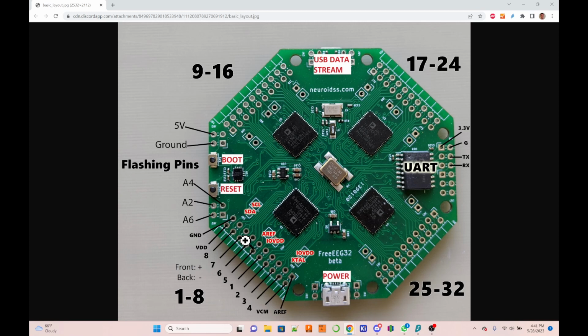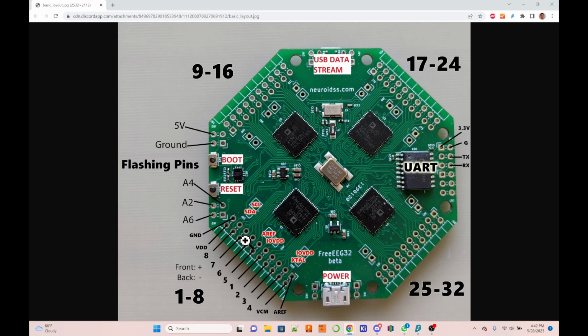So if you're making your own headset or connecting another existing headset, I would advise putting VCM on FPZ. If FPZ is not there, then maybe on CZ. And you could put it on one of the earlobes, but if you do that, then you cannot make linked ears anymore, and I'll get into linked ears in a moment.